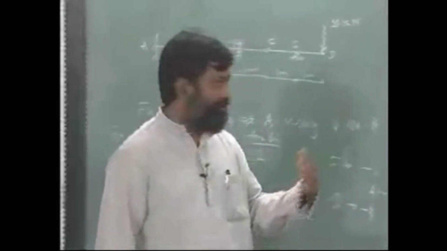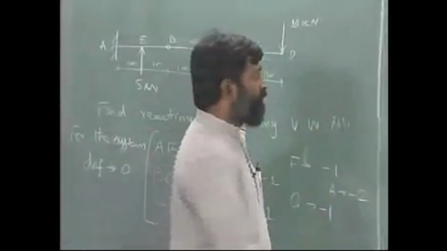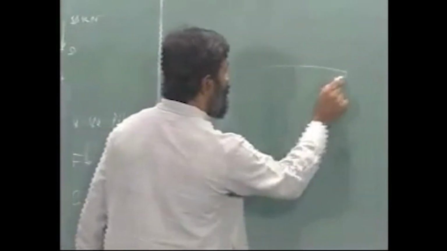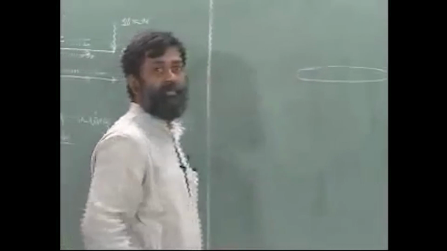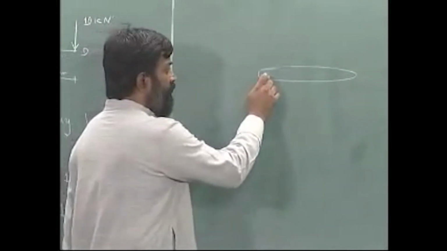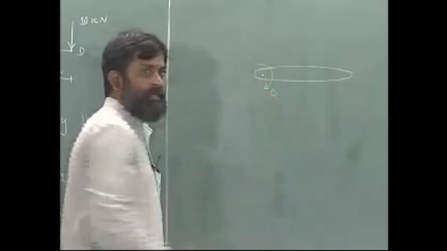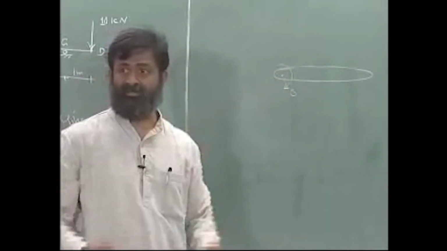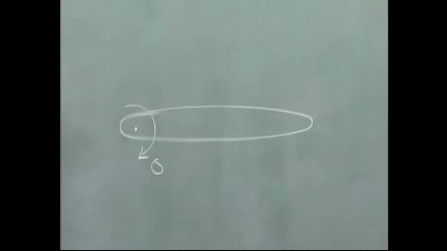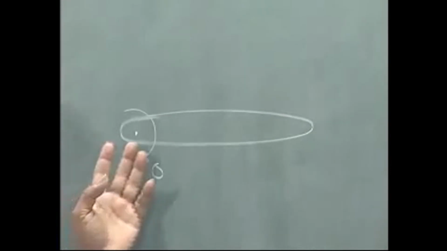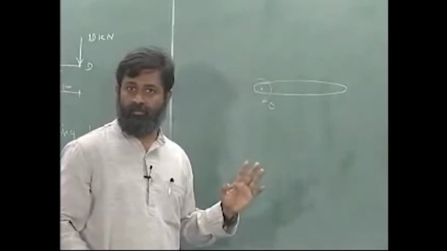Alright. Now there is a doubt, let us see if we can clarify. Supposing I have a rigid body, let us say a straight member like this, and I tell you that one single point is constrained from rotation. Can you tell me what is the rotation of any other point?